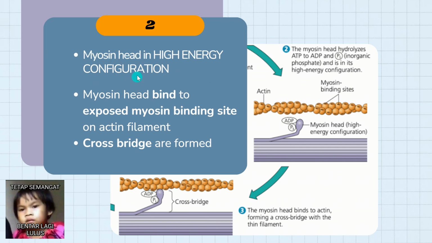Now it becomes high energy configuration because the ATP supplies the energy to it, and as you can see here, the ATP is hydrolyzed into ADP and inorganic phosphate. So we can say the myosin head is now very high in energy configuration, and you can see the myosin head becomes erect already.